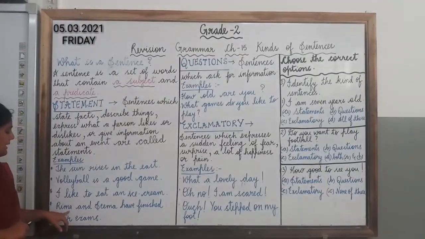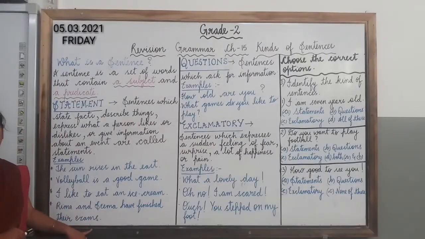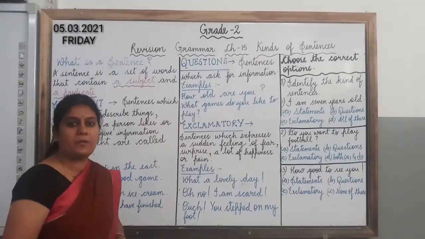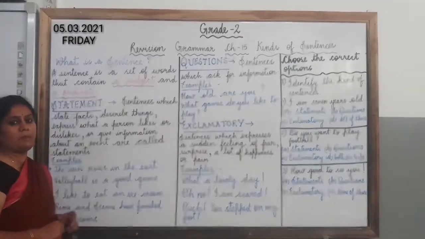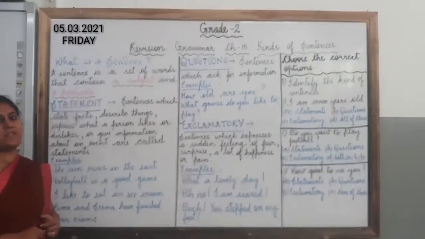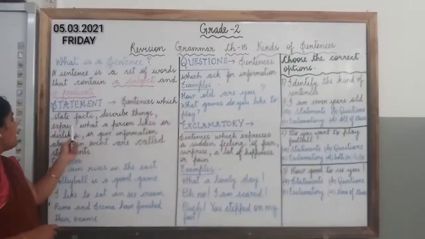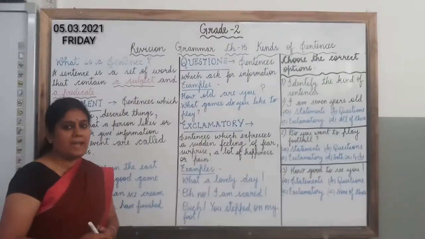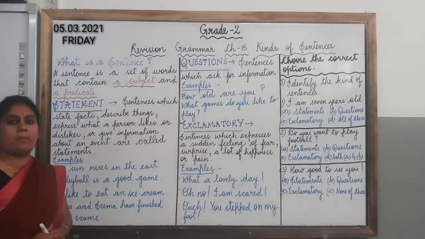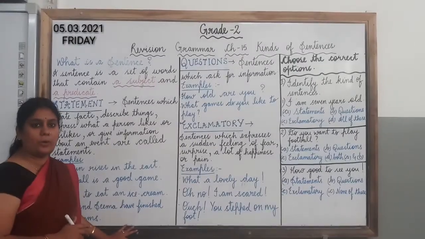The last is, Rima and Seema have finished their exams. Now here we are getting the information that event has finished. So children, you have to remember that statements are the sentences which state facts, describes things, express what a person likes or dislikes, and gives us an information about an event. So I hope children it is clear to you.